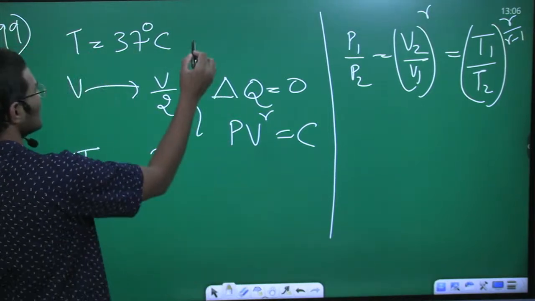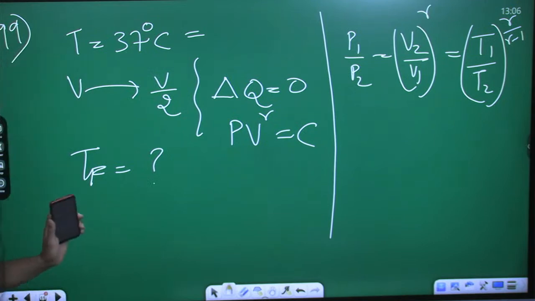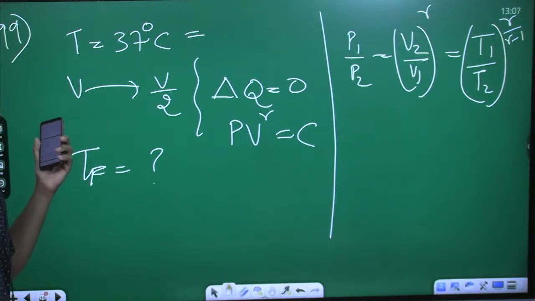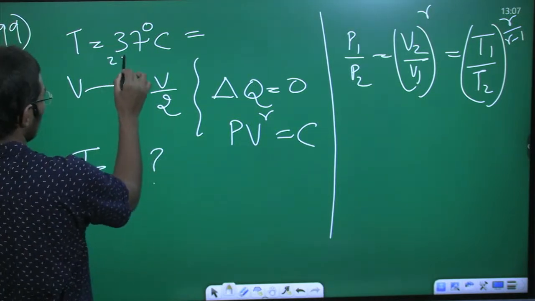So what is this in Kelvin? How do you find it? Plus 273, what do you get?